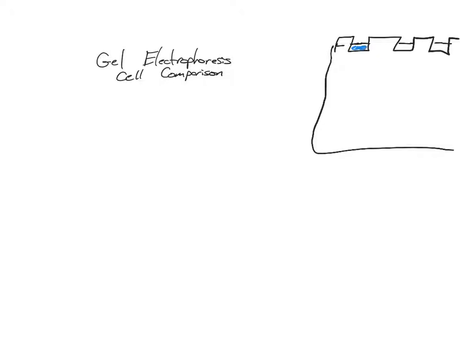It's not blue, it's black, but whatever. Then you run electricity through the whole thing. You put a charge on one side and a charge on the other, and the electricity runs in that direction. Electricity moves positive to negative, or negative to positive. I should redraw that, I guess.